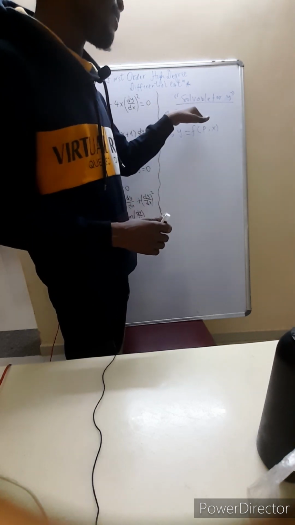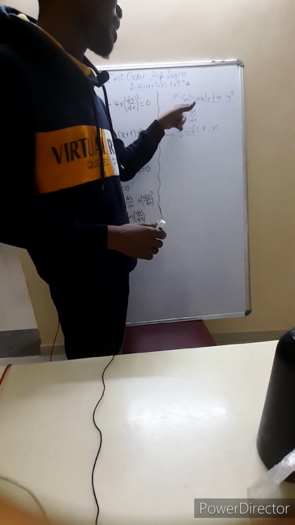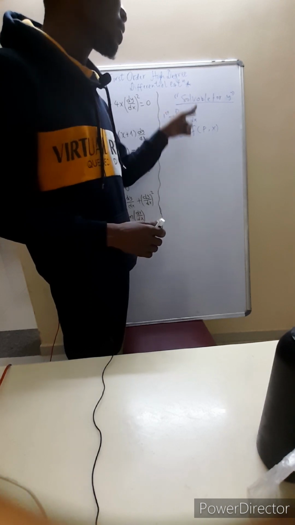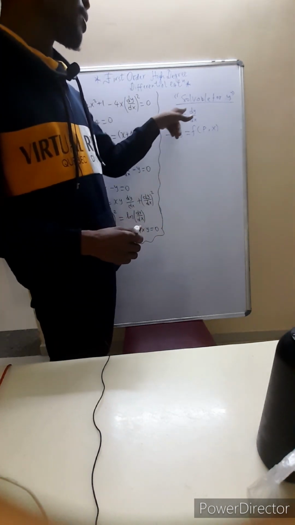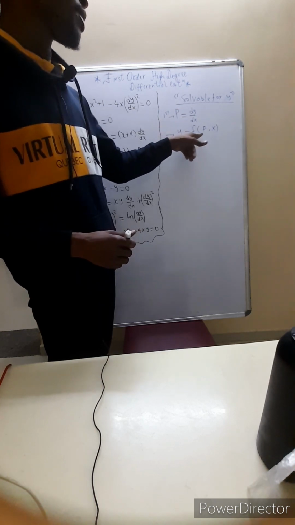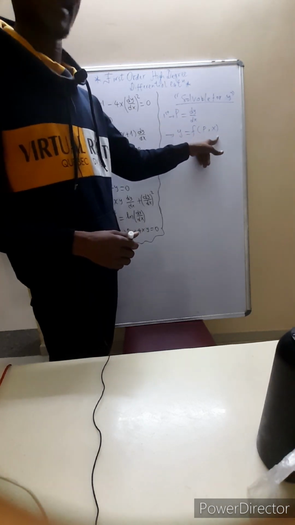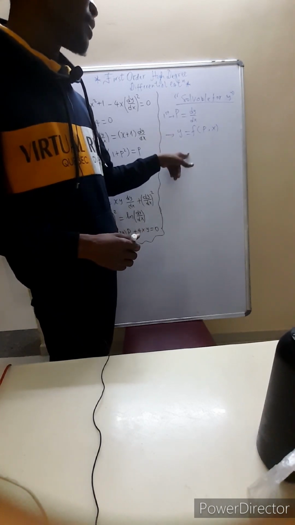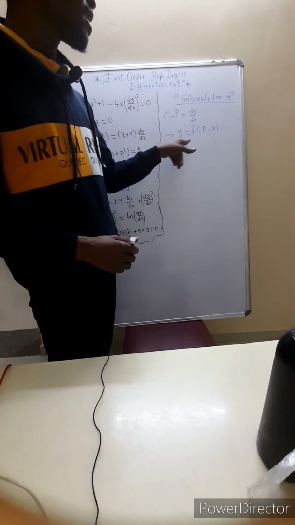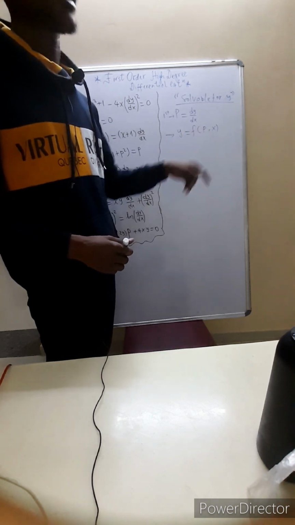This is the first step. After transforming p equal to dy by dx, y must be equal to a function of p and x. If it were solving for x, I would get x equal to a function of p and y.